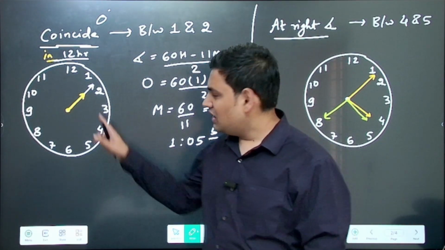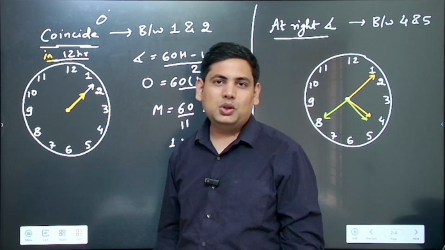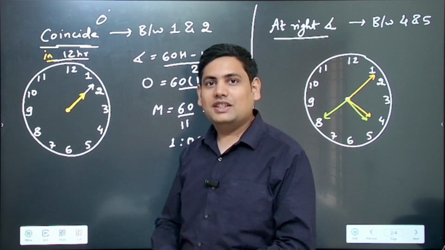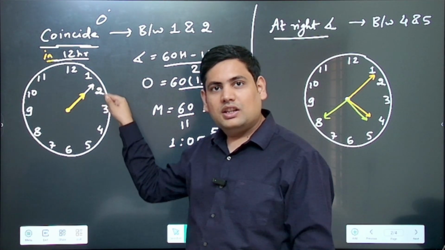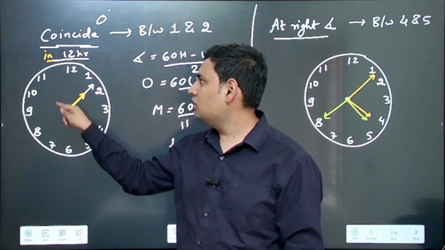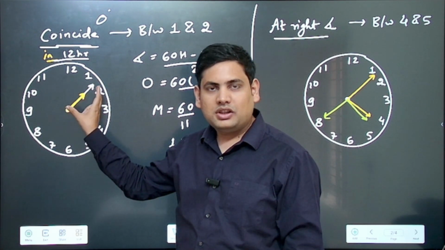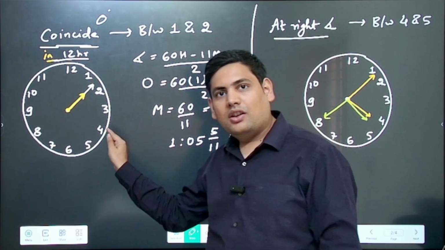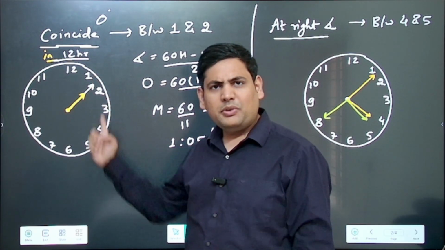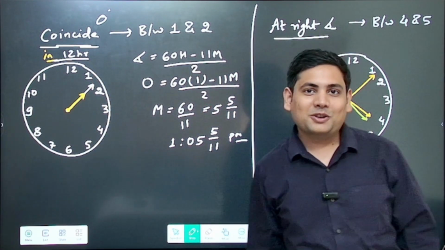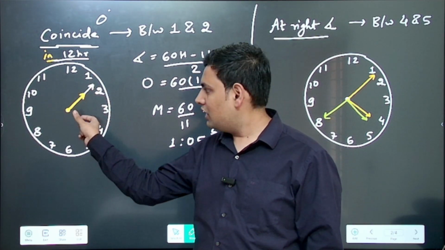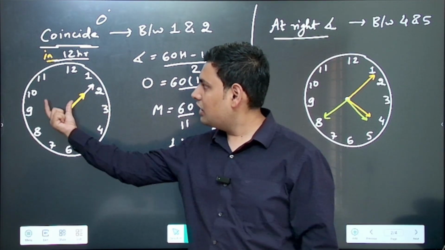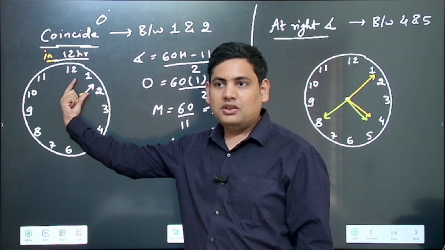Do you think it can coincide again between 1 and 2? Just move the clock in your head. This is 1. Now the minute hand goes around, reaches here, and now it is 2 p.m. Then the next time it coincides, it will be between 2 and 3. If the minute hand keeps rotating, it is not coinciding, not coinciding.